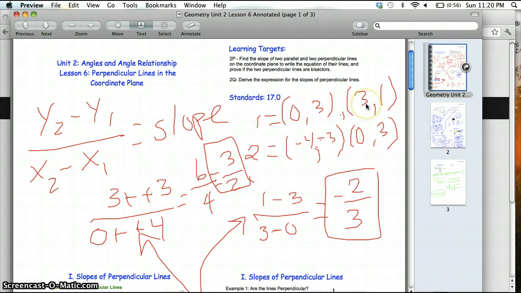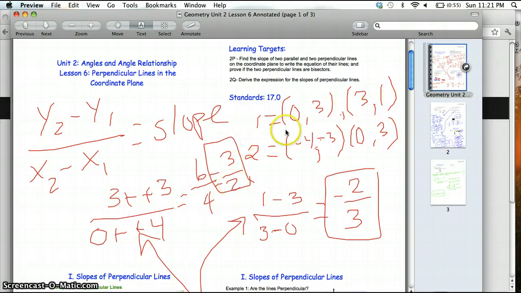I used y2 minus y1, so 3 minus a -3, and 0 minus a -4. Two negatives make a positive, two negatives make a positive. So the slope of line 2 is 6 over 4, which is 3 over 2.